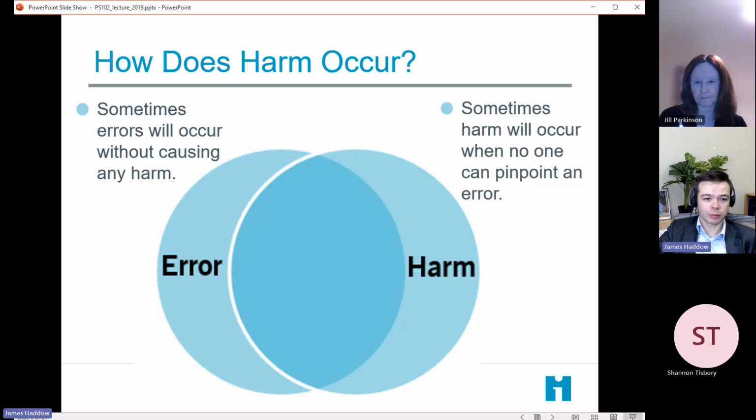That would be harm without error. And then on the other side, we've got errors that don't cause harm, or what we call near misses. And those are the opportunities to prevent the middle section, which is error leading to harm.